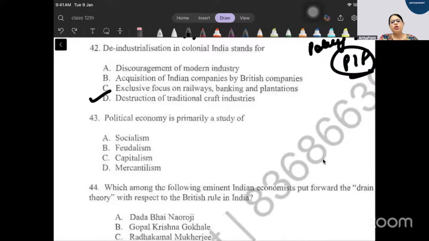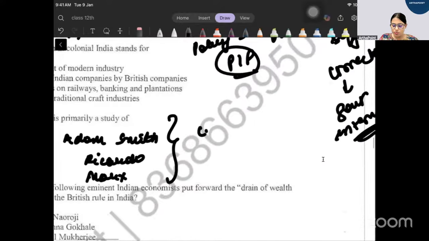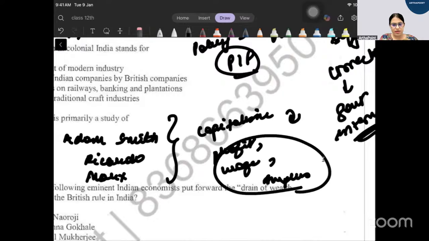So political economy is something which was a term used by Adam Smith, by Ricardo, by Marx. माने क्लासिकल इकोनॉमिक्स ने ये टर्म यूज किया था. एंड इन्होंने क्यों यूज किया था ये टर्म? बिकॉज दे वांटेड टू गो अहेड एंड दे वांटेड टू स्टडी कैपिटलिज्म. ठीक है, like profit, wage, जो भी उन्होंने surplus, accumulation of capital, ये सब बात किया, राइट.